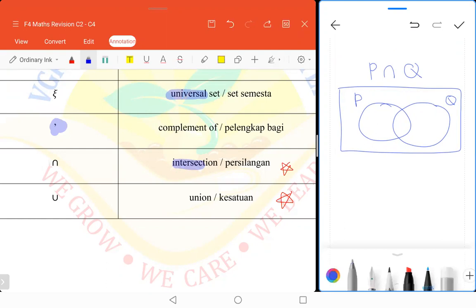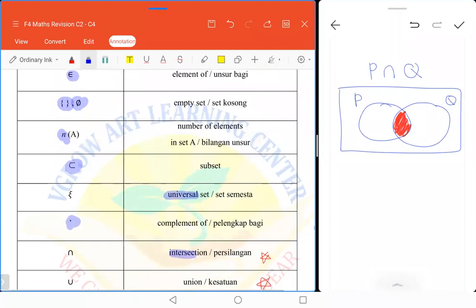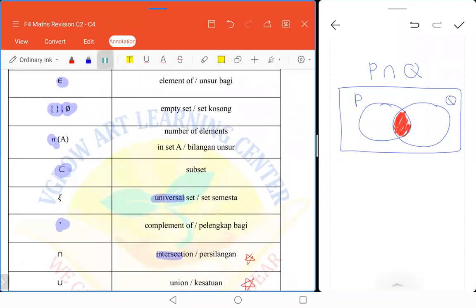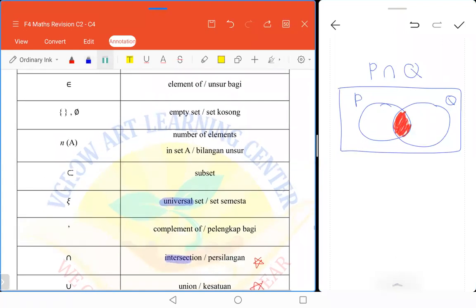So the common area of P and Q is in the middle. So this is the area of P intersect Q. Okay. First of all, you must know all the meanings of the symbols. So let's see the symbols again. Anyone has any questions about the symbols? Which one is not clear?